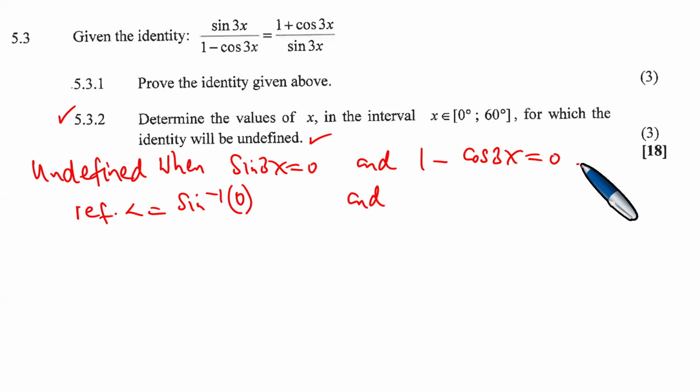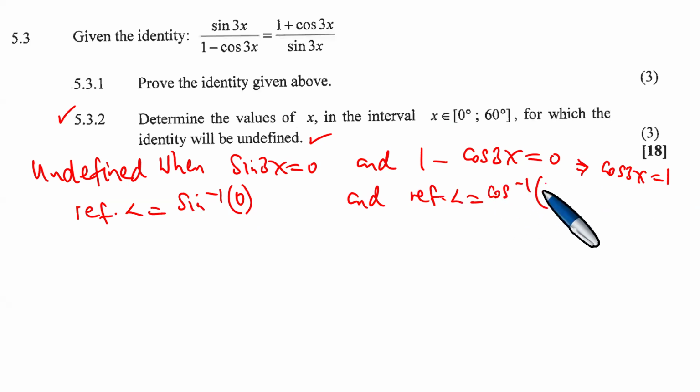Obviously this one here can be seen as cosine 3x equals 1, and that means you can find a reference angle and say the reference angle is arc cosine of 1. And what is arc cosine of 1?